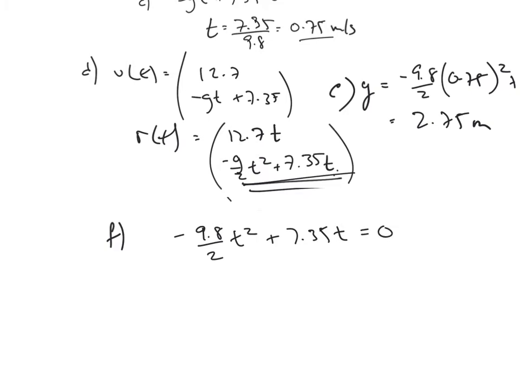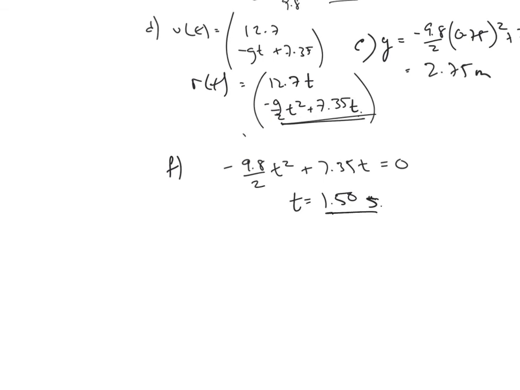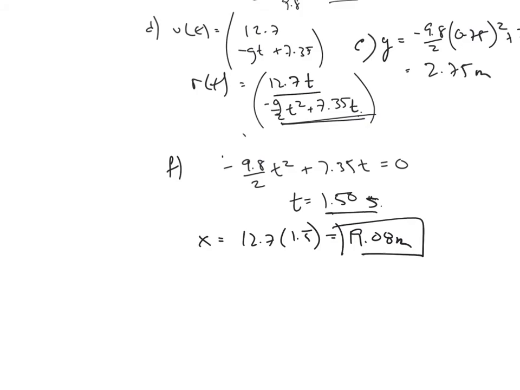Solving that, I end up with t being 1.5 seconds. Now I go to the horizontal distance, the x value. Plugging that in, it's 12.7 times 1.5, which gives me 19.08 meters as the horizontal distance.